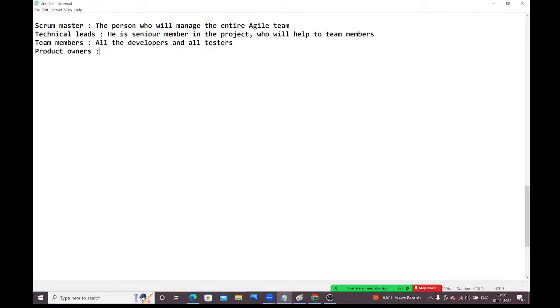Product owner only will take the responsibility of the deliverables to the client. That person we will call the product owner. See, guys, Scrum Master, technical leads, team leads, all these people will be involved here, guys.